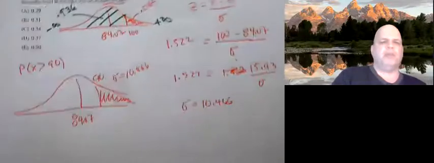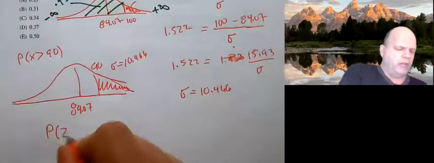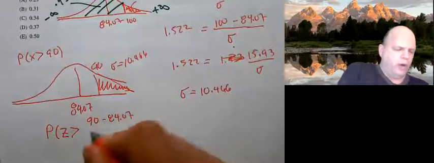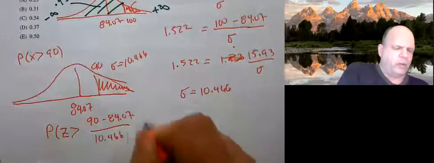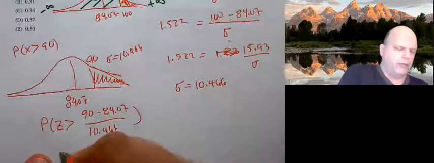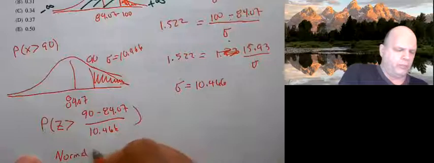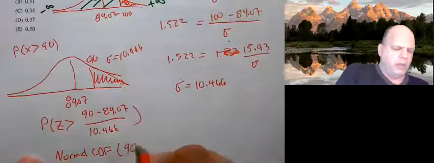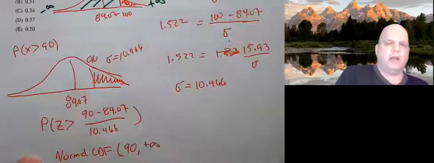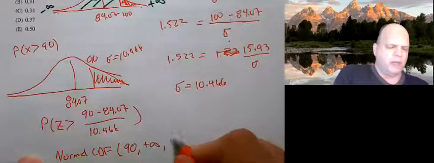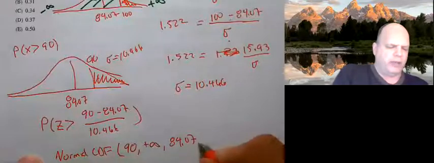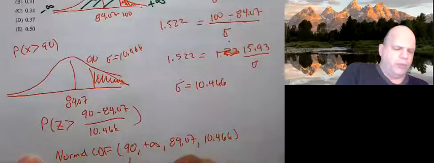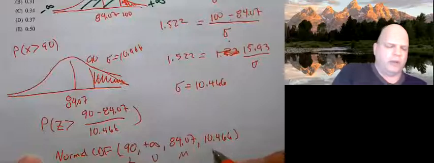So basically, I want the probability that Z is greater than 90 minus 84.07 over 10.466. Now I can do this very simply as a normal CDF. My lower bound is going to be 90, my upper bound is going to be positive infinity, my mean is 84.07, and my standard deviation is 10.466.